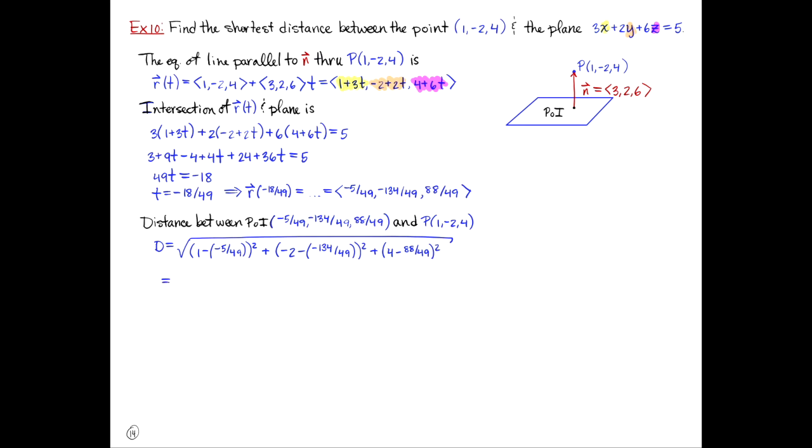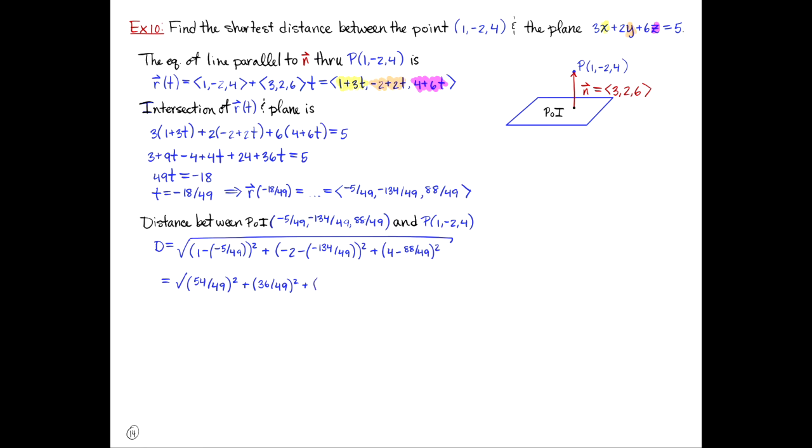And that is equal to 1 minus the negative 5/49. That simplifies to 54 over 49 squared plus, in our y component, we have 36 over 49 quantity squared plus, and then 4 minus 88 over 49.